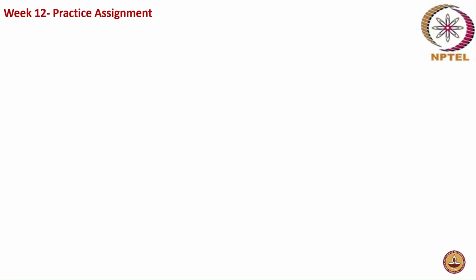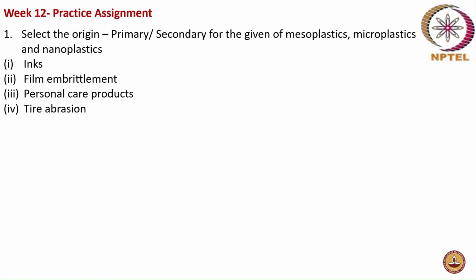Now, let's get on to the practice assignment session for week 12. Select the origin, whether it is primary or secondary, for given set of, sorry, there's a typo error.